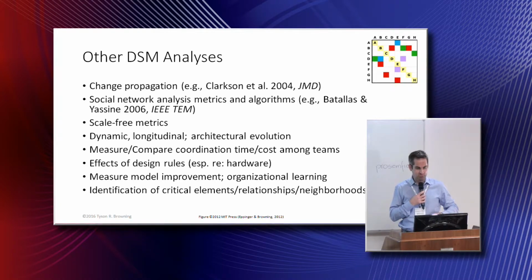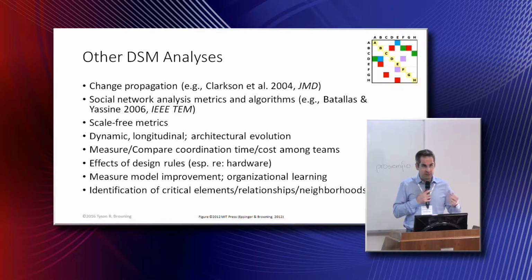Sometimes in Britain they call them knock-on effects. So this is the idea of indirect engineering change implications. Others have used social network analysis methods and algorithms and started to apply those to DSMs. I think that's a natural symbiosis there.